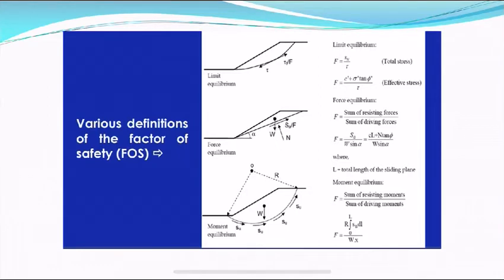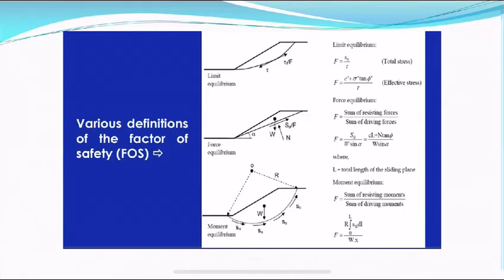We have taken each arc length as DL into 1 unit, that is the unit perpendicular to the plane of this figure, into radius R. We get force into moment arm, that is the resisting moment, divided by W, the entire mass, which is assumed to act at the center of gravity of this area.